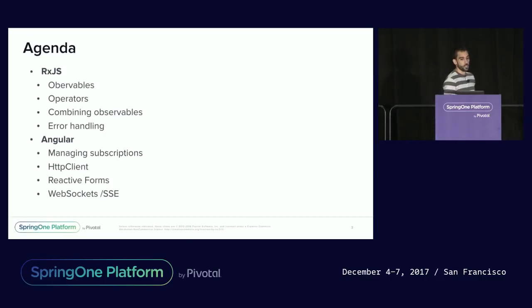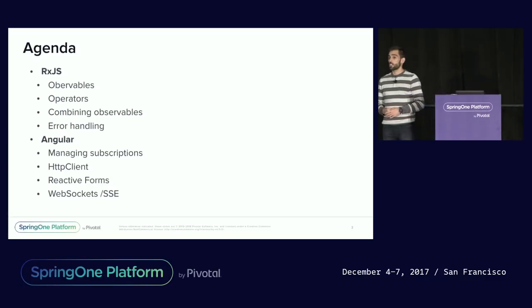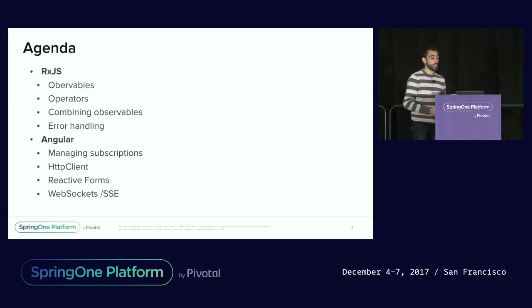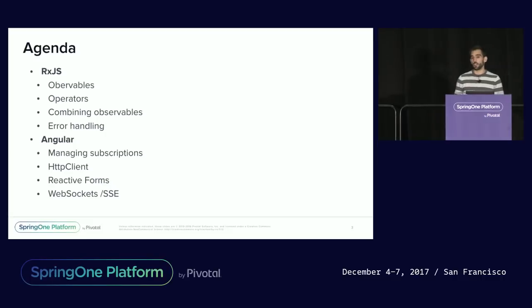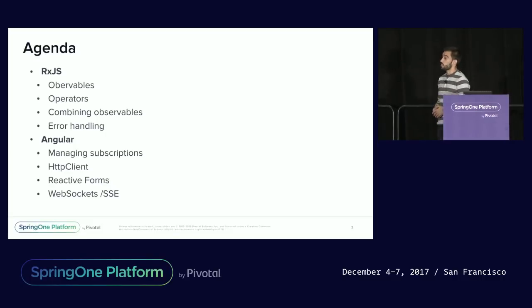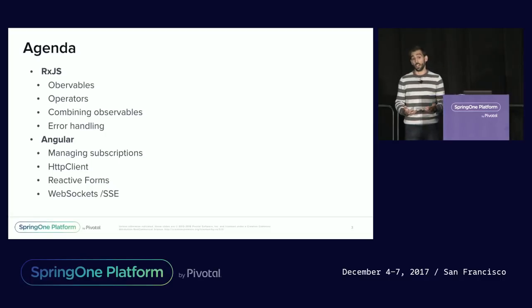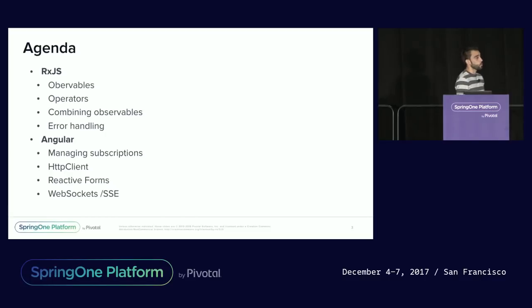Well, to introduce RxJS to bring the reactive programming model into the web layer, and then we're going to integrate that into Angular. This is not an Angular talk, right? This is more about using observables and integrating those into Angular, because Angular leverages RxJS, so we need to know about RxJS if we want to use Angular.